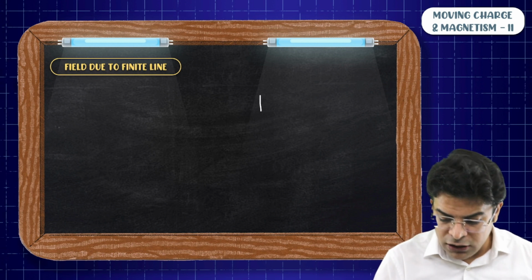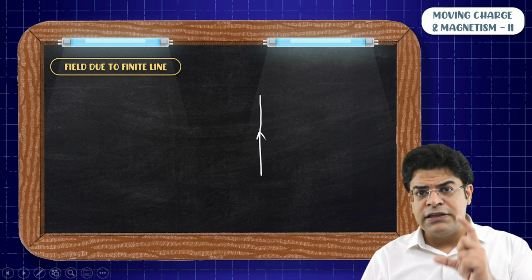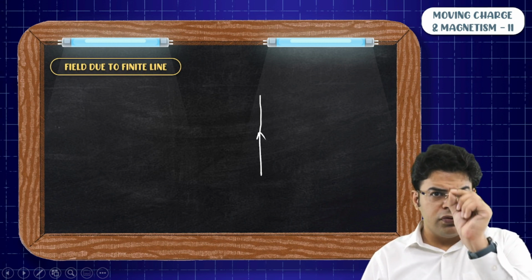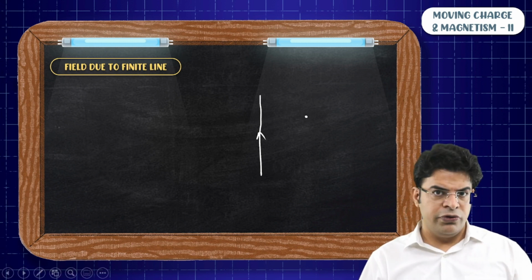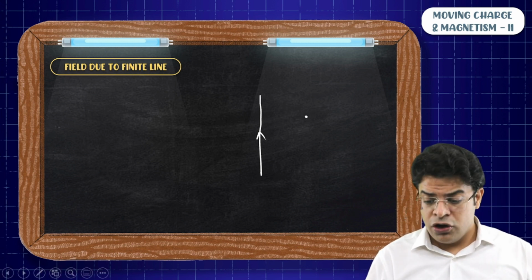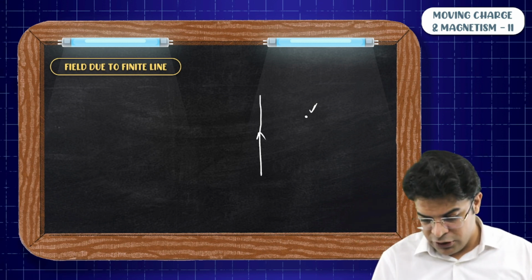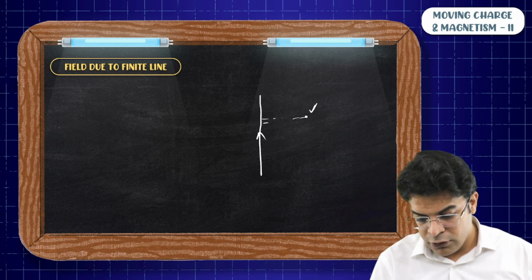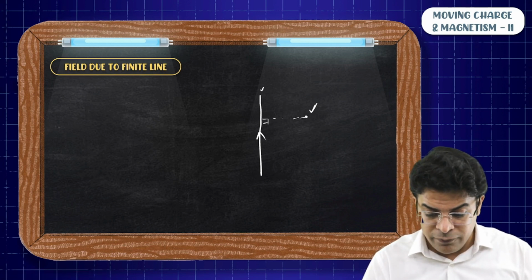If you have a current carrying element of finite length, what is the strength of the magnetic field due to this straight current carrying element at a random point in space? The drill goes like this: drop a perpendicular from this point on the wire. Now join the two extremes of the wire with the point.